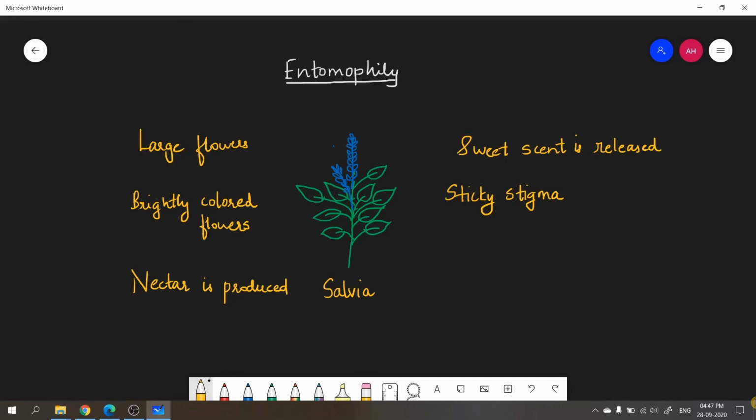The pollen grains are spiny. Why do you think the pollen grains are spiny? Because when the insect comes and sits on the flower to suck the nectar, these pollen grains can attach to the body of the insect and it can drop it on the stigma. So the sticky pollen grains or the spiny pollen grains are easily attached to the body of the insect. That's how insect can help in pollination.